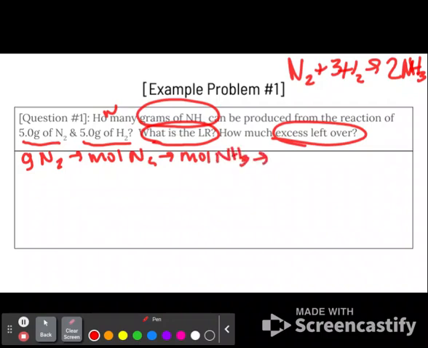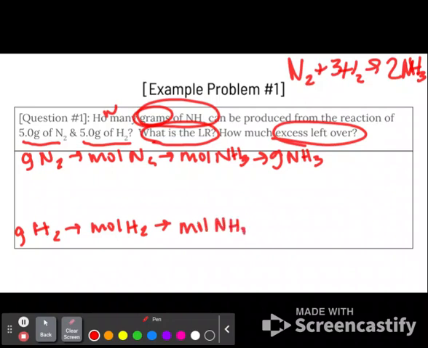And based on this problem, it said grams, so we're going to go to grams of NH3 on both of these. Okay, so that's our first pathway. And our second one, the only thing that changes is we're starting with H2. We're going to still go to moles of NH3 and grams of NH3.